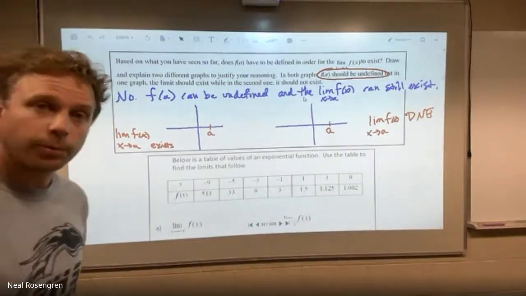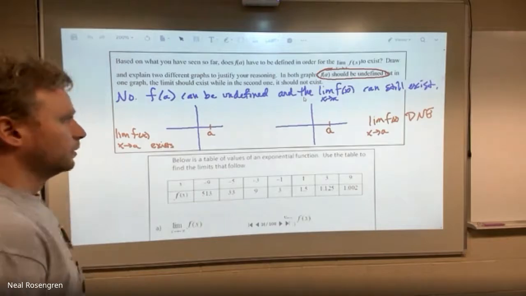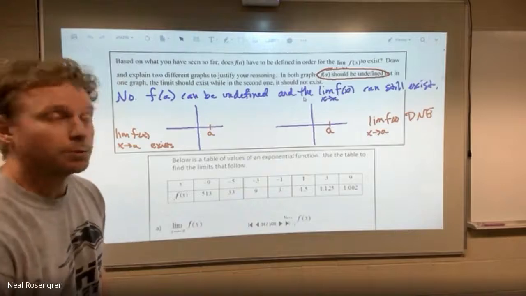And feel free to look back at the work that we've done so far. We've basically seen, or at least talked about, some potential graphs that would work.